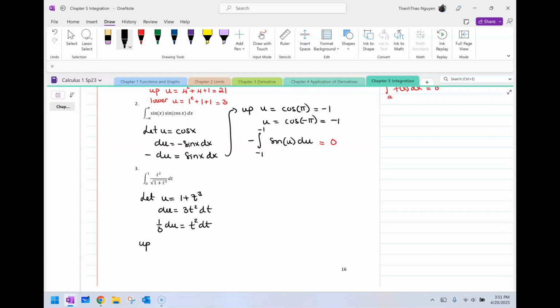The upper limit, u equals 1 plus 1 to the third, that is 2. The lower limit, u equals 1 plus 0 to the third, that is 1. The integral becomes 1 to 2 of, put the 1/3 out front, 1/3 du divided by root of t.